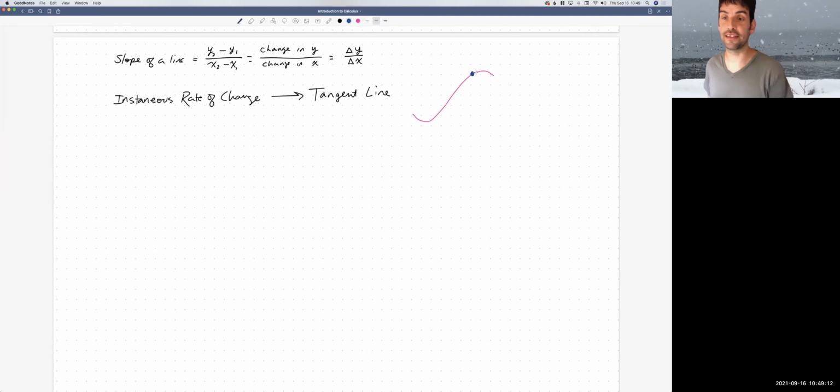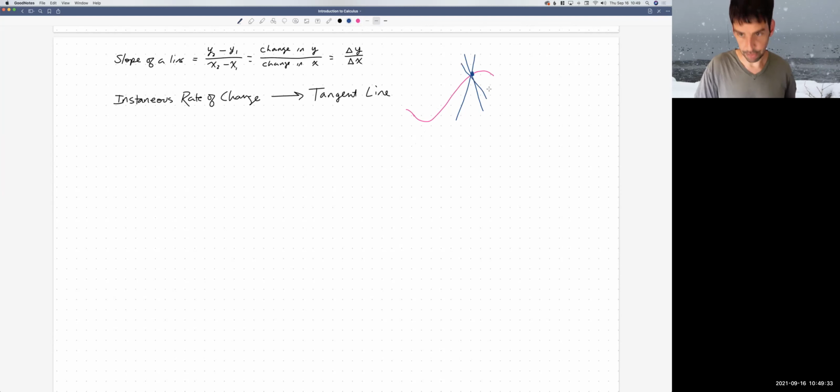But that's a problem, because lots of lines hit this graph at 1 point. Every line I'm drawing right now hits our graph at 1 point, but none of them feel like what we were just talking about.